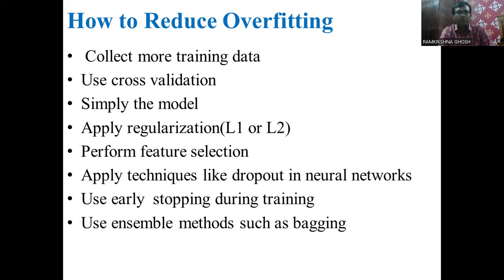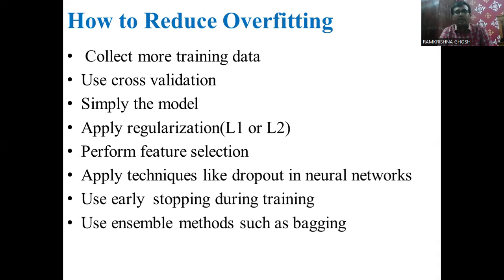Regularization is a technique to reduce overfitting, L1 or L2. Perform feature selection. Apply techniques like dropout in neural networks. Dropout is a technique where neurons are deactivated. Use early stopping during training. Use ensemble methods where multiple models are combined to make predictions and to improve the model accuracy.